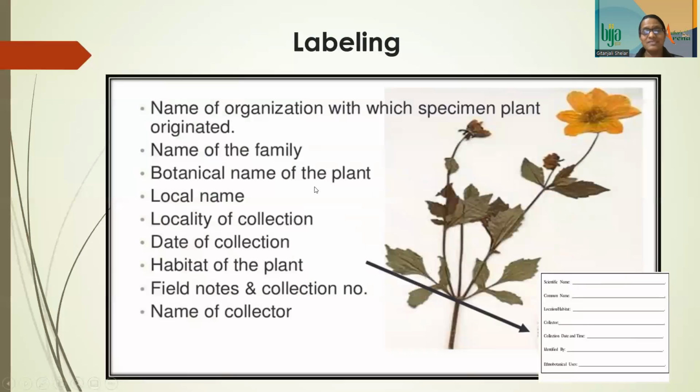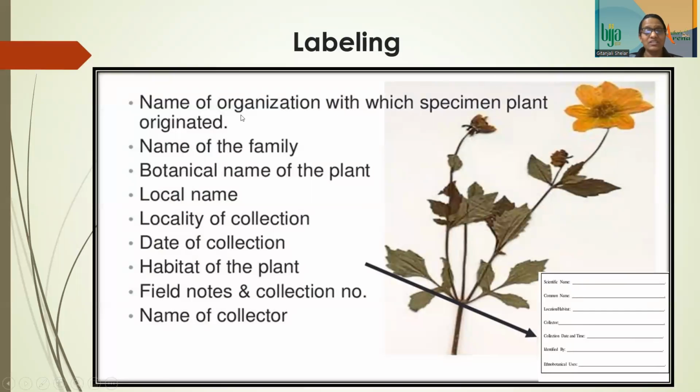At the time of the labeling, we have to give the exact location. If we know the family, we have to write down the family, and write down the botanical name of that plant, that means the genus and species.